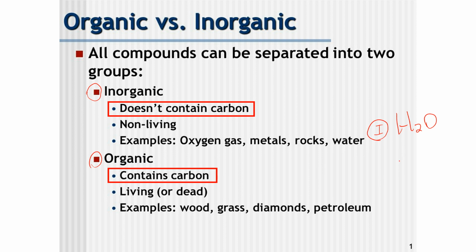Okay, what about this one? NaCl. Would that one be considered inorganic or would it be considered organic? Well, this one would be inorganic because, again, it doesn't contain carbon. Cl, that's chlorine. What about glucose? C6H12O6. This one would be organic because it contains carbon.